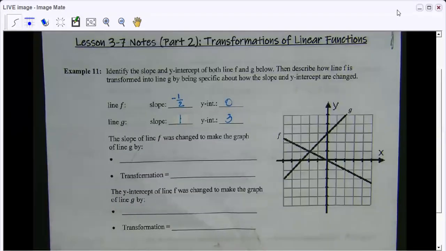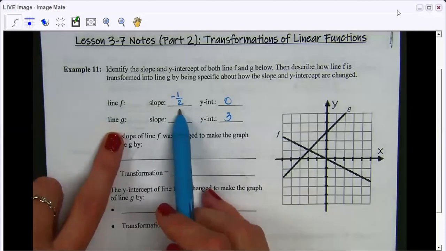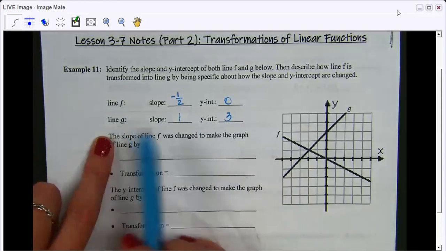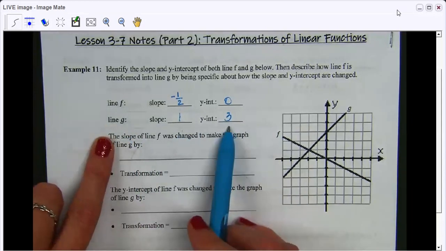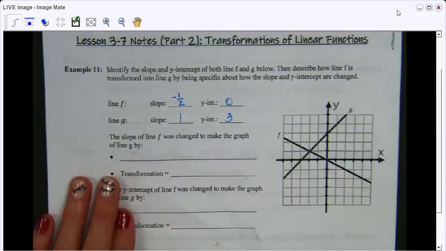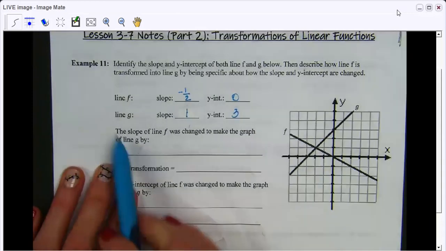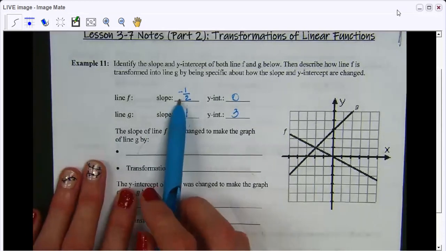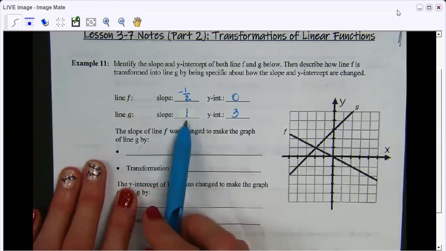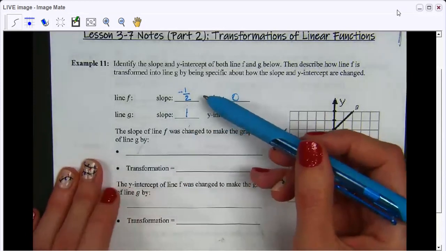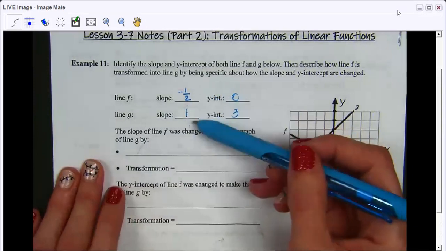Okay, for example 11, line F has a slope of -0.5 and a y-intercept of 0. And line G has a slope of 1 with a y-intercept of 3. If you don't have these, go back and check your lines. The first thing we're gonna do is analyze the slope of line F and how it was changed from line F to line G. I can see that two things happened here.